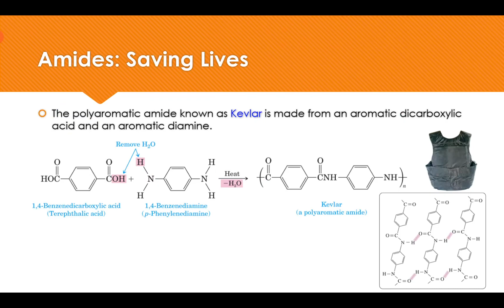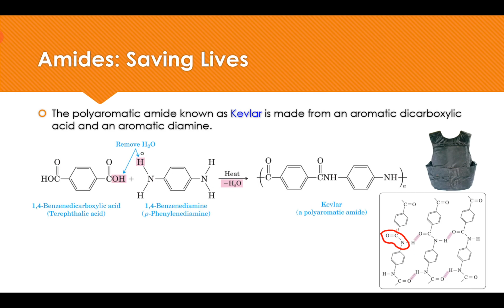Kevlar is also an example of a polymer that is made with these amide functional groups. We talked about how this amide functional group cannot really rotate, and that gives rise to the strong nature of Kevlar, along with strong hydrogen bonding between the different cross-linking layers.